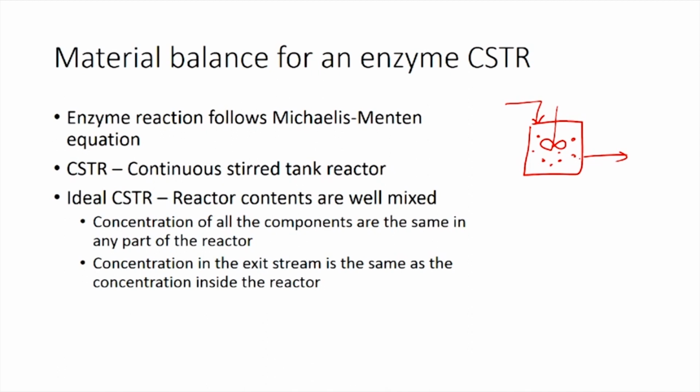So, this would also mean that the concentration at this point, which is where the exit is being drawn, would also have the same concentration as the concentration present anywhere else in the reactor. As this concentration is the same as what you see in any part of the reactor, the concentration in the exit stream will also be the same as the concentration inside the reactor.